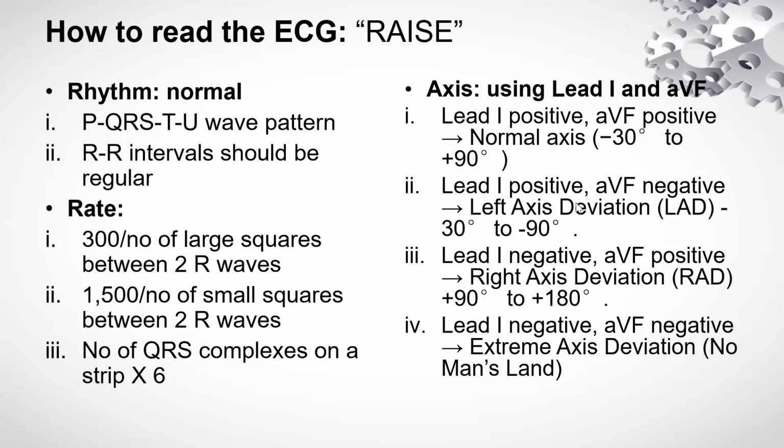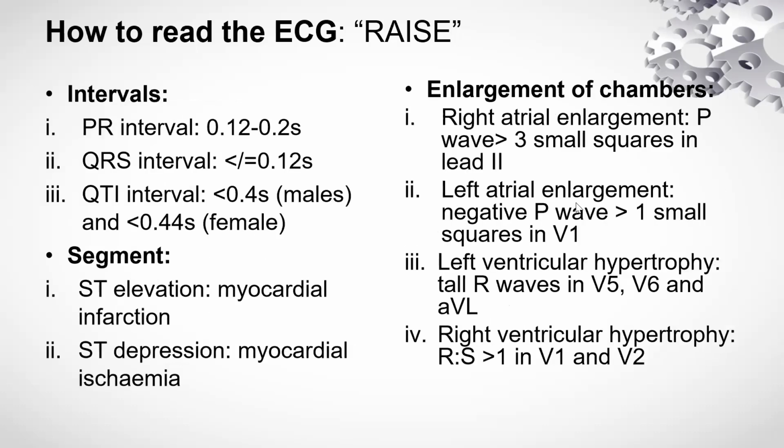And when you have both leads negative, you have what we know as extreme axis deviation. This is what we call no man's land. So you look at lead 1 and aVF to determine the axis.